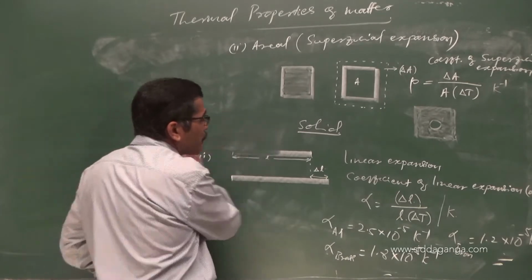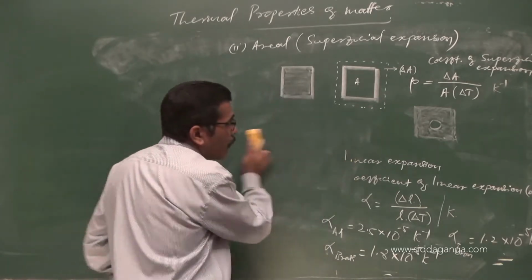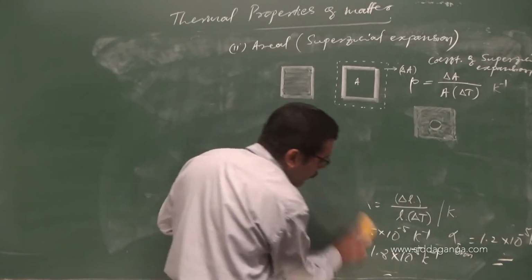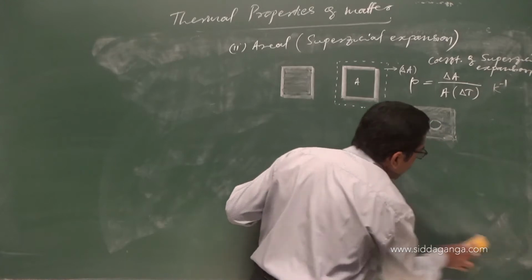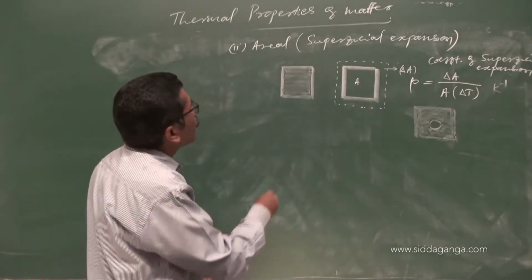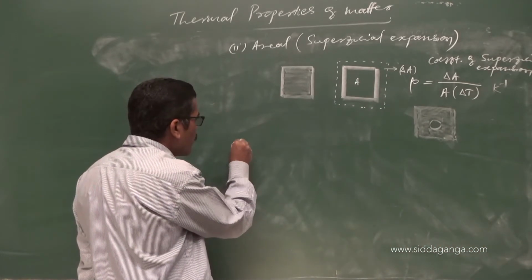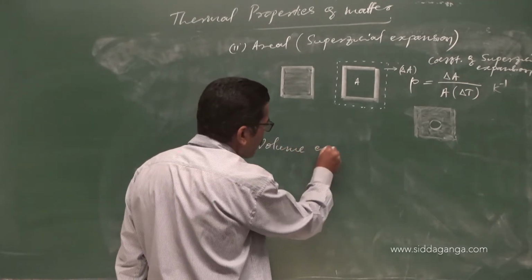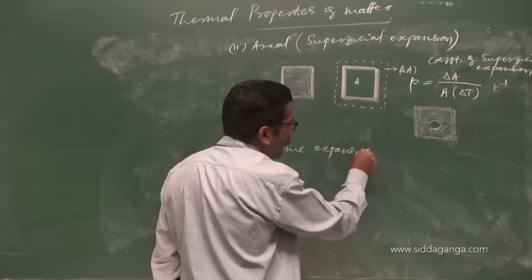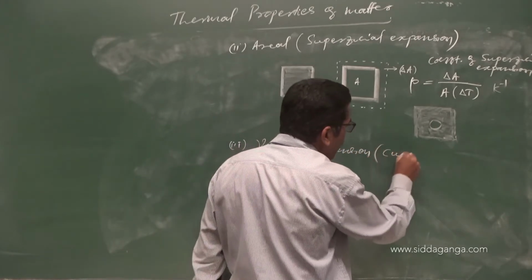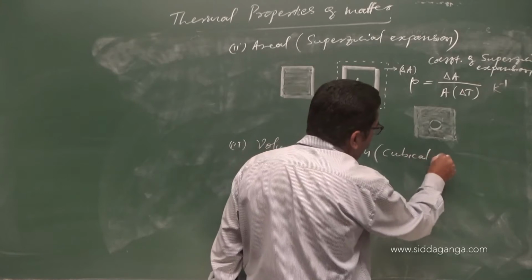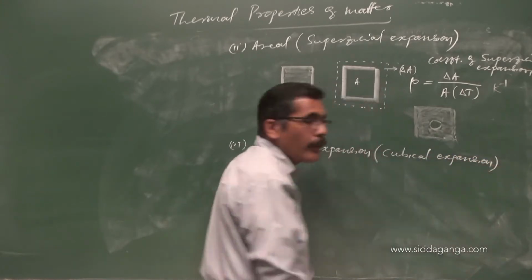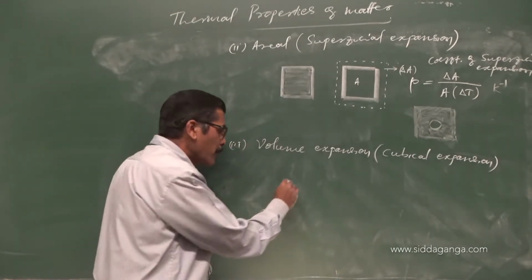Suppose the volume itself increases with supply of heat, then we call it volume expansion, or it is also called cubical expansion. Volume expansion or cubical expansion. Say, let me take a small cube.